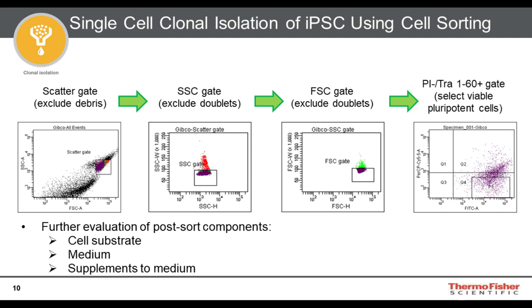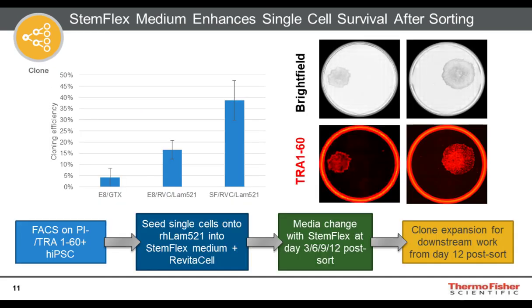And after we had set that up, we then looked into different cell substrates, different cell media, and different supplements to see whether any of the post-sort conditions could help in promoting survival of pluripotent stem cells after going through a cell sorter, which is typically a stressful event.